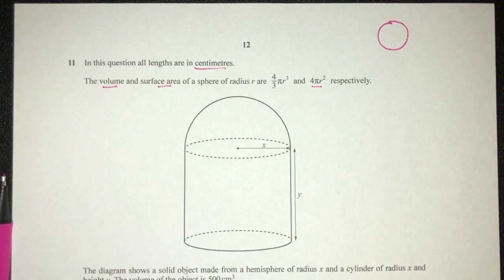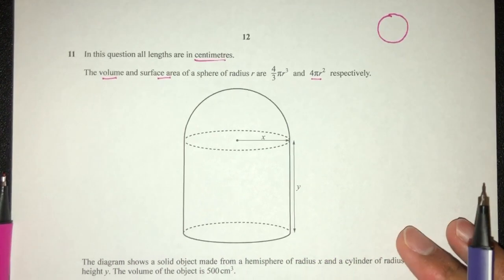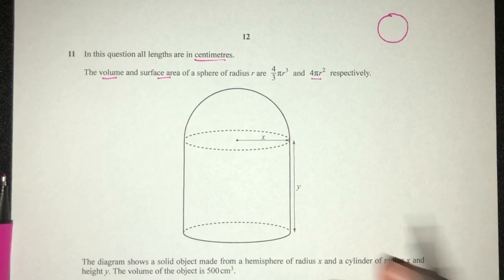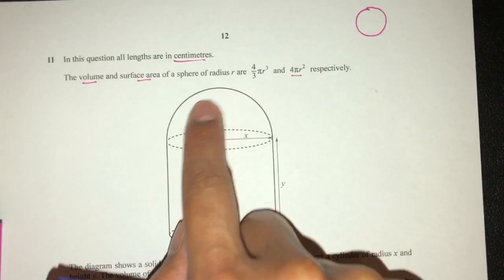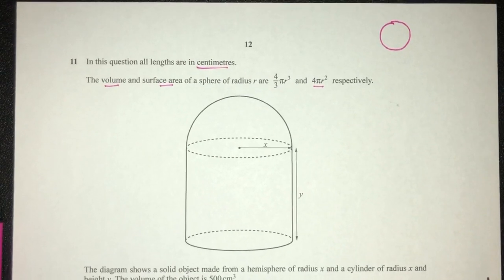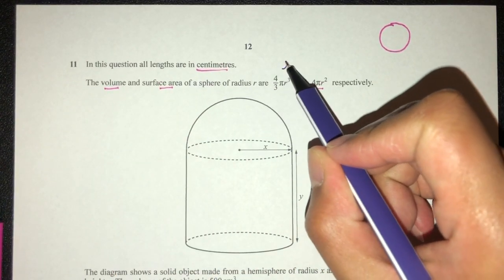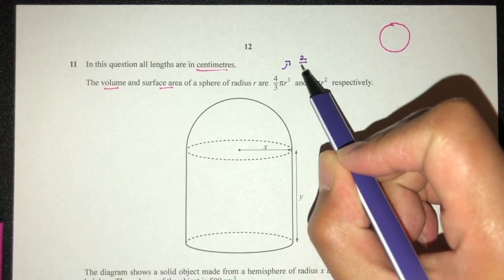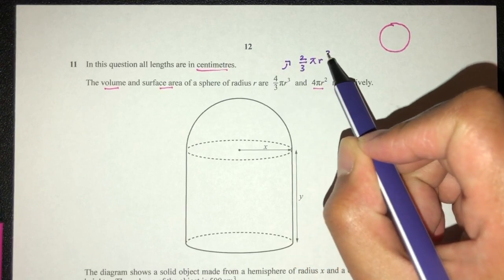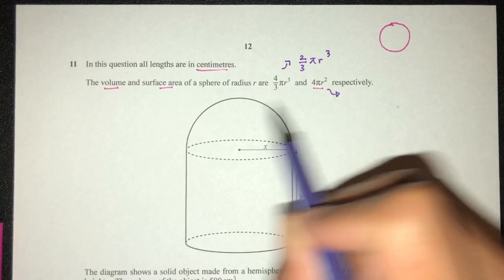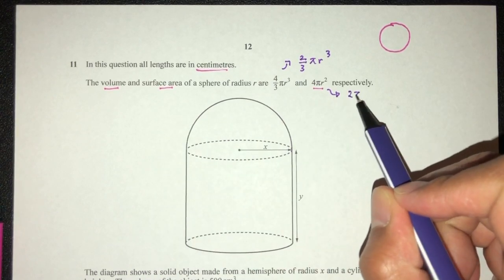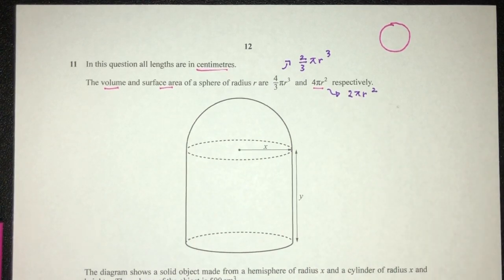But now, by observation, we have to realize in this diagram, we actually have a hemisphere. A hemisphere is half a sphere, so obviously the volume will be divided by 2, that will be 2 over 3 pi r cube, and the curved surface area will become 2 pi r square for the hemisphere. Then let's move on.